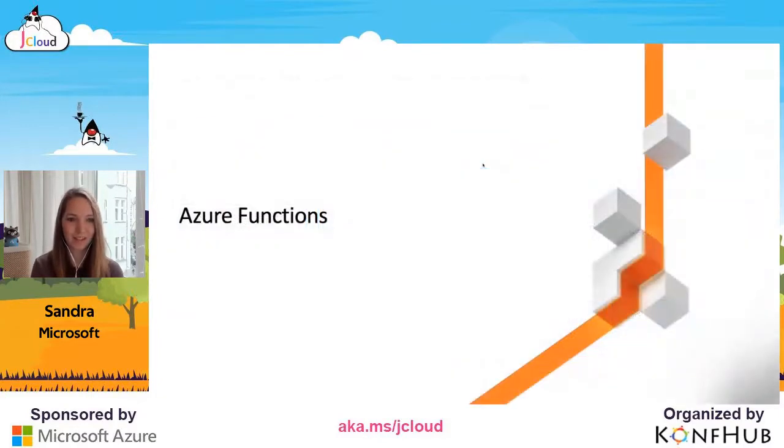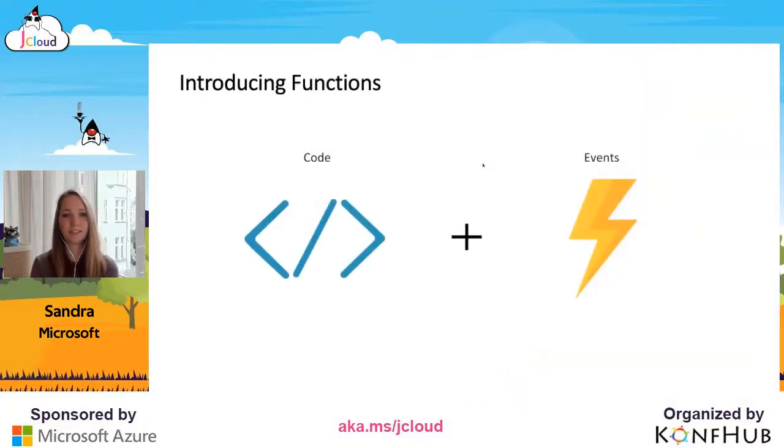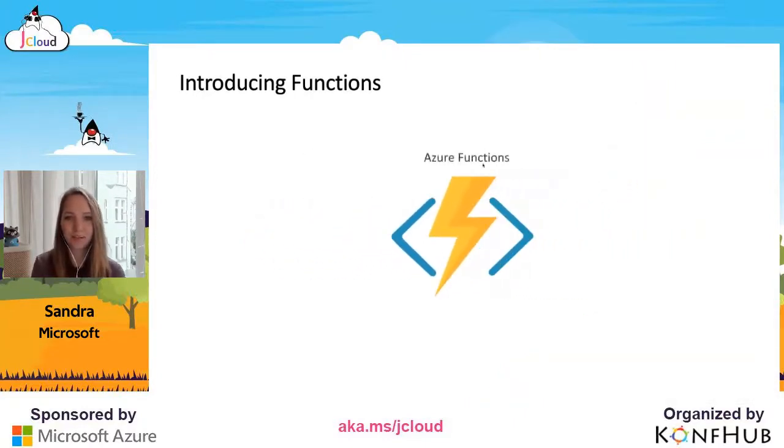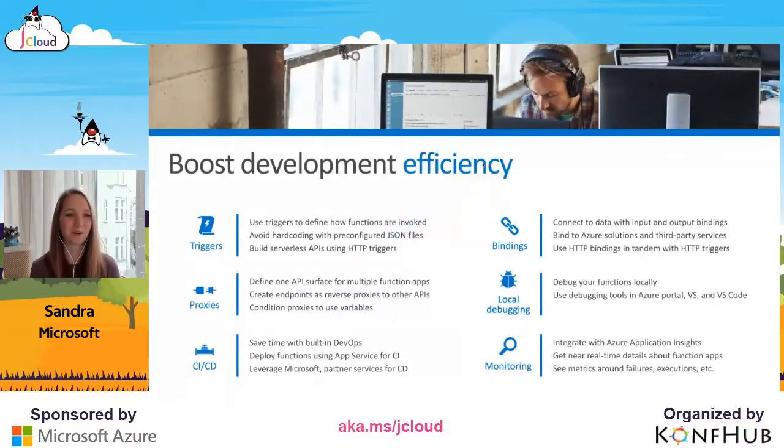So let's go right ahead with Azure Functions. As we already said, it's code triggered by events, and this is gonna boost your development efficiency. And that's also, by the way, where our logo comes from. So I said we have different events. Those can be triggers.